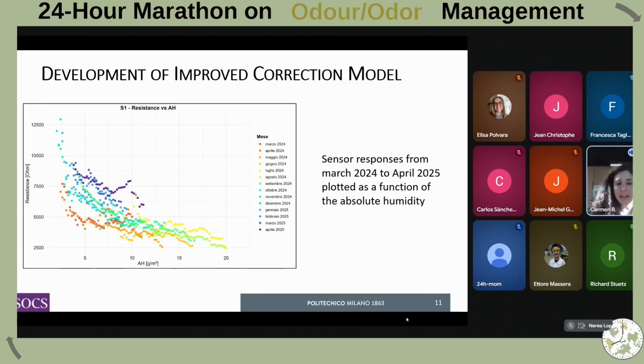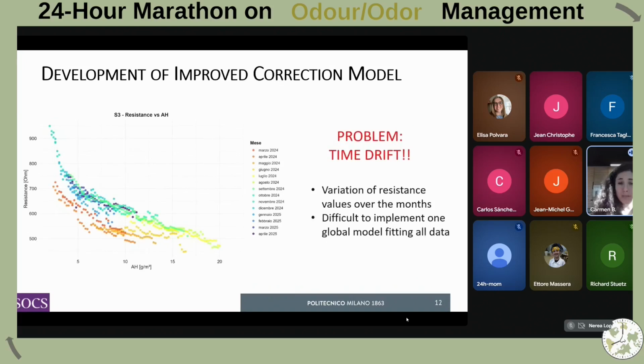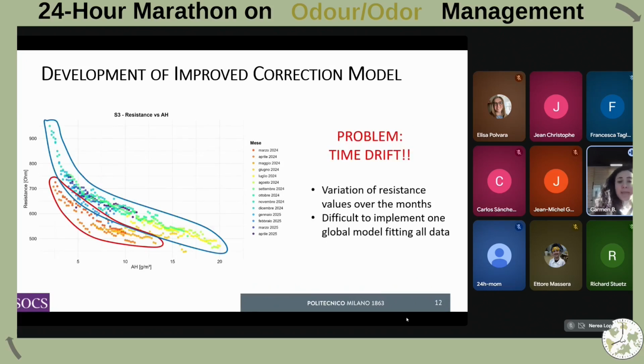As expected, the resistance of the sensor decreases with the increase of the absolute humidity. A deeper investigation of this plot also highlights the problem of drift, because we see a shift in the baseline of the sensors as time passes, due to the aging of the sensors that we were using.